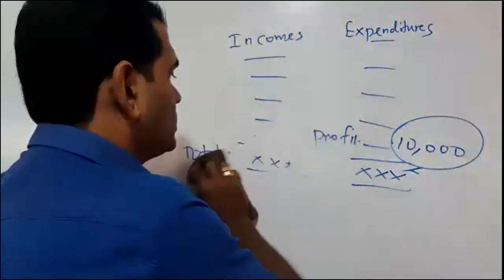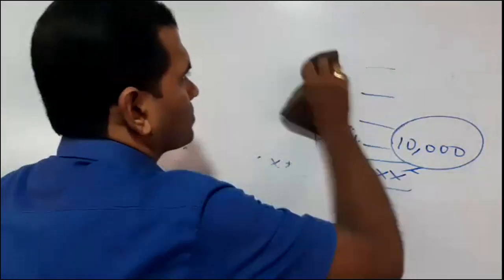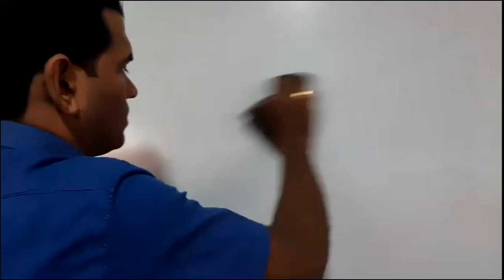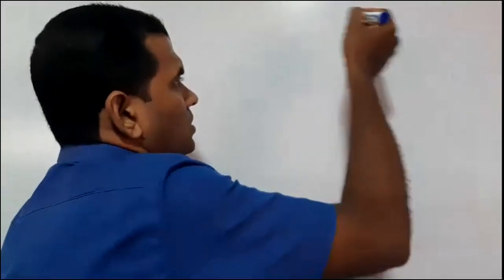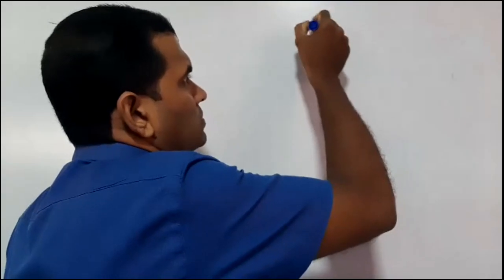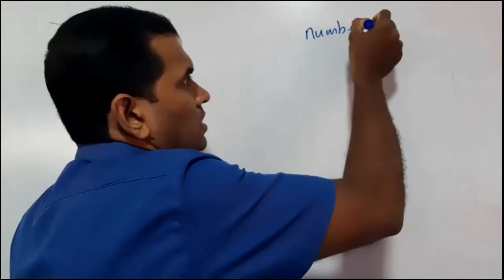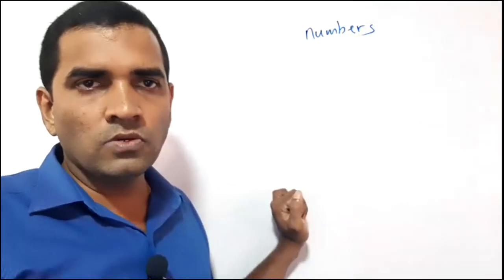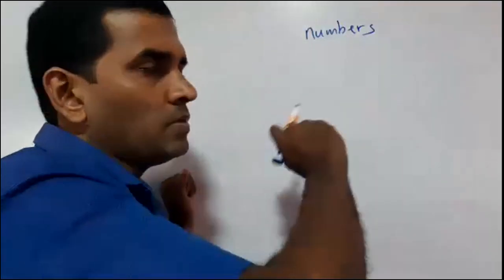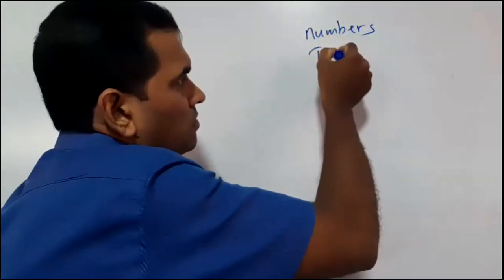Let me name those things. So data are raw materials about, look here, numbers. Even in the last examples we used numbers. So data can be numbers, even text.